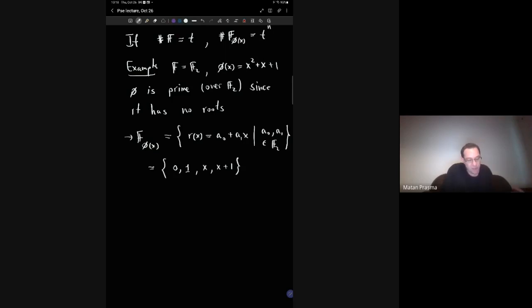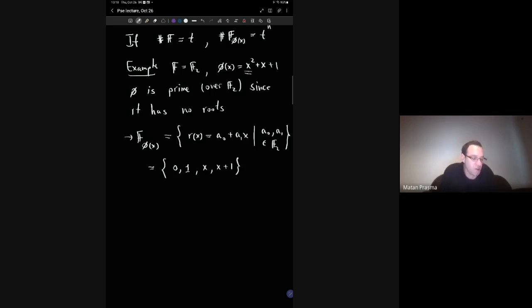For the addition table, you don't need to do any modulo phi, because in this set of remainders, when you add two remainders, the degree of the result is still strictly smaller than the degree of phi.